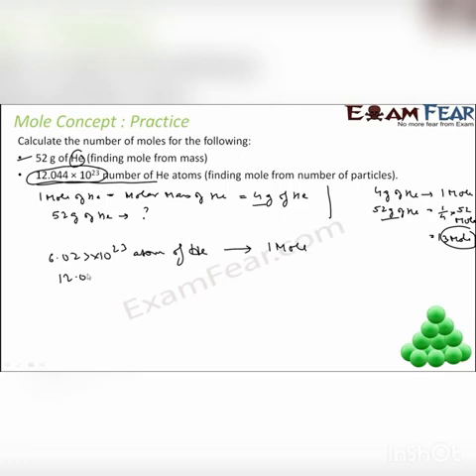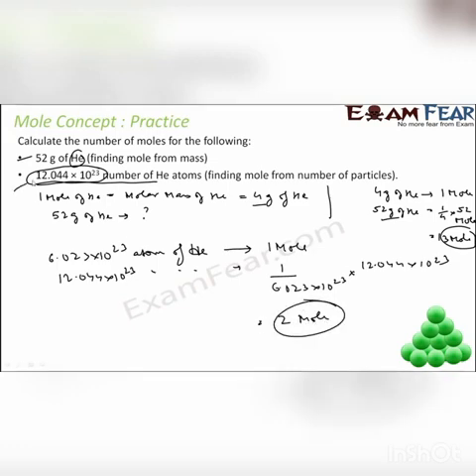Let's see that. Equal to 1 by the old value multiplied by the new value. You solve this, you get 2 mole. So these many particles is nothing but 2 mole of helium. Okay.